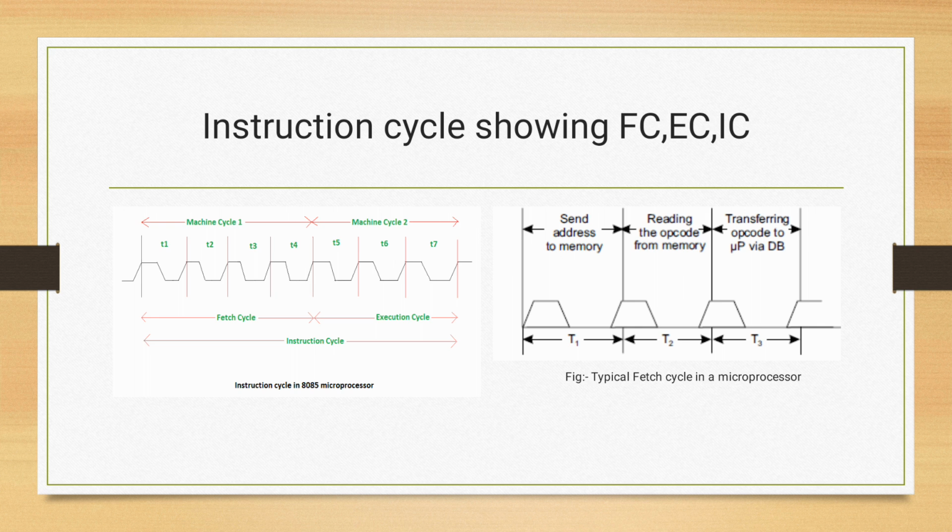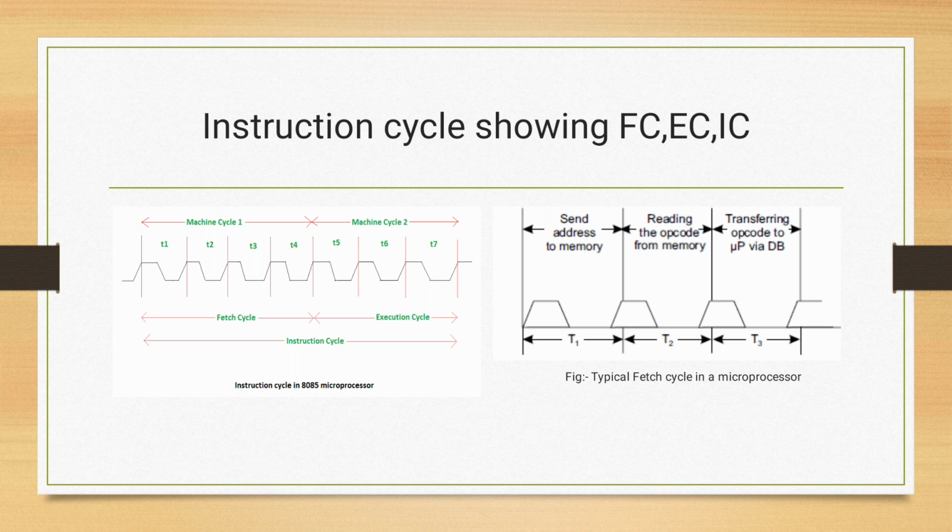And in the second diagram, we can see the typical fetch cycle in a microprocessor. There are 3 T states required for fetching, T1, T2 and T3. In the first T state, T1, the address is sent to the memory.